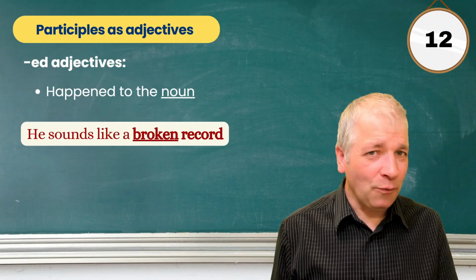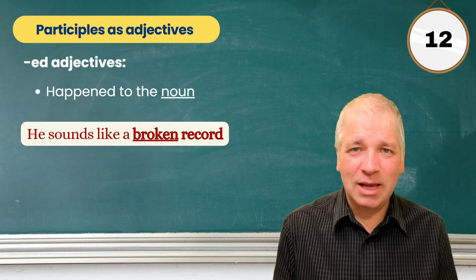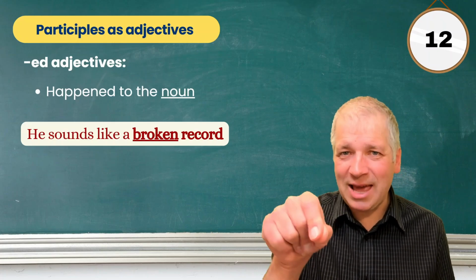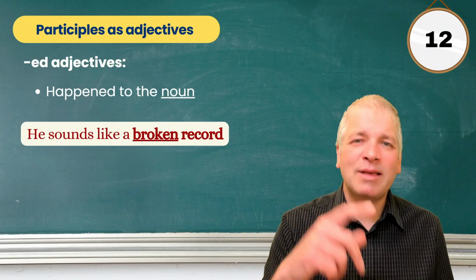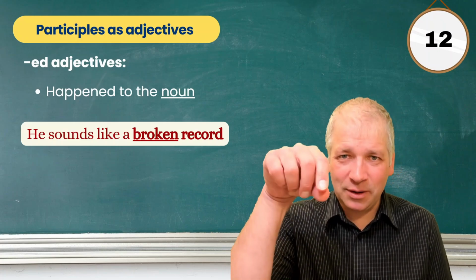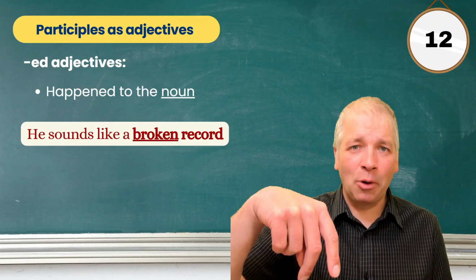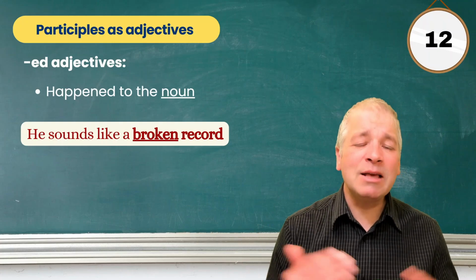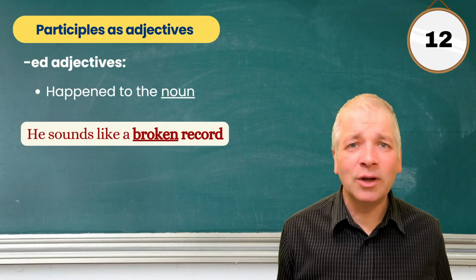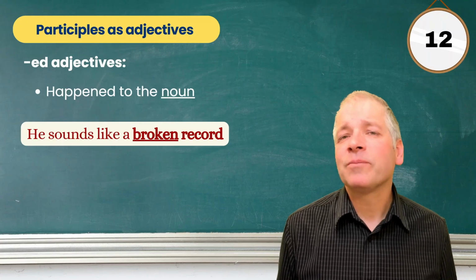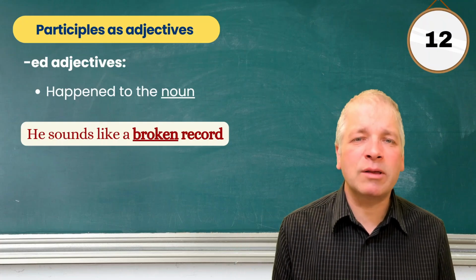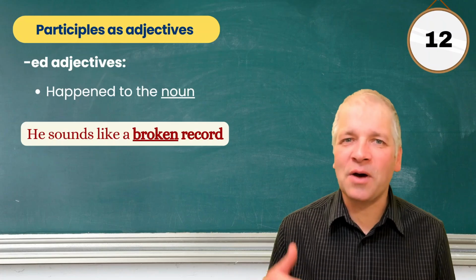And something that often happened when it got broken is it would keep going back to the same bit again and again. It would play the same sound again and again because the needle that picked up the music would keep going backwards because of the broken part of the record. So if you say he sounds like a broken record, it means that he keeps on saying the same things over and over again.